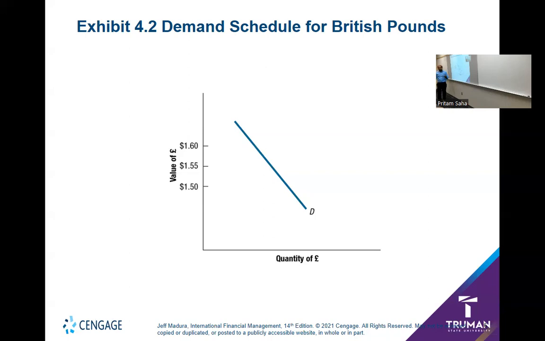Maybe US people are now relying more on goods and services from the UK. So that's why they are demanding more quantity of pounds. So for each price level, they are demanding more quantity of pounds, right?